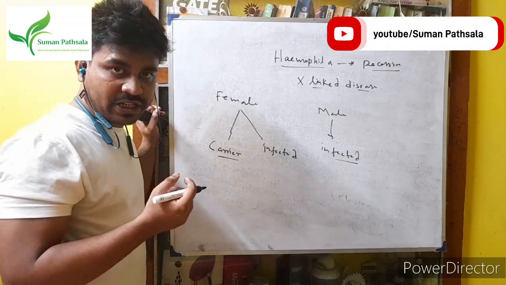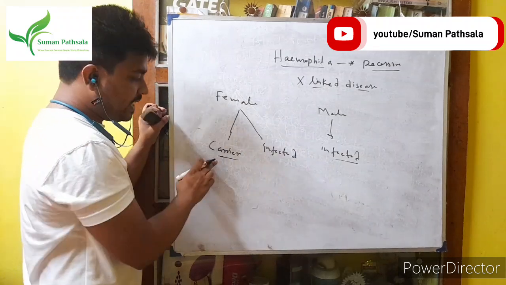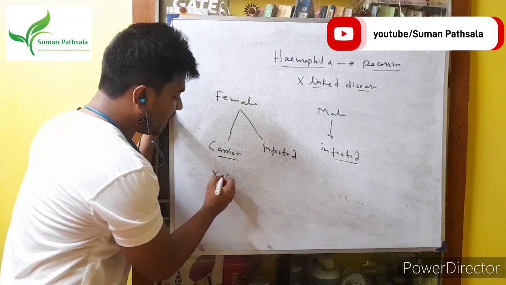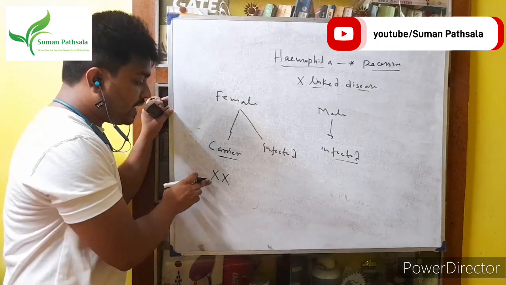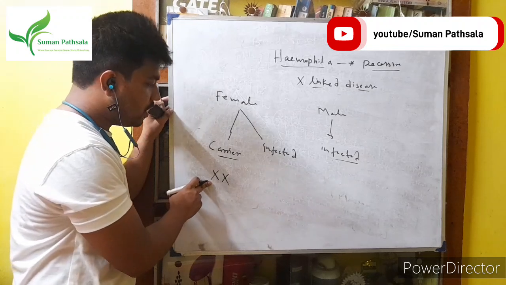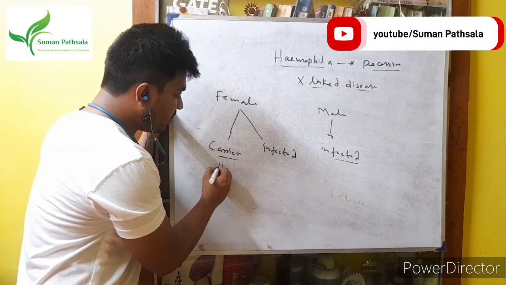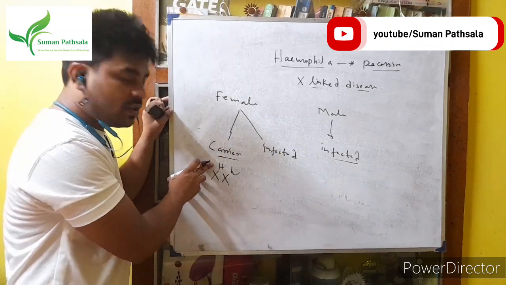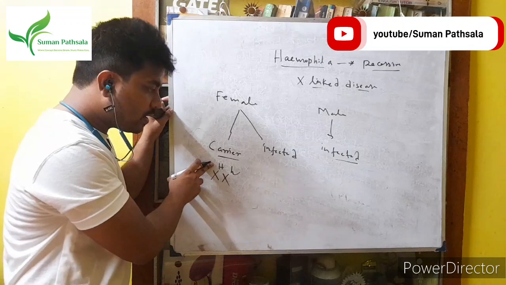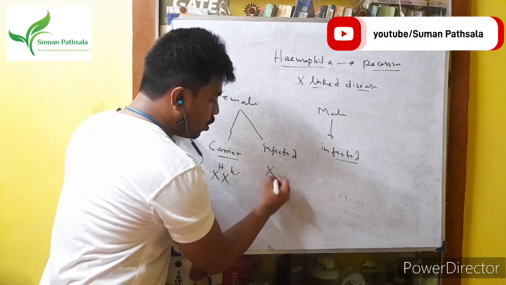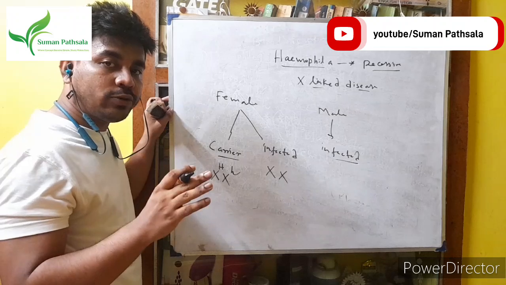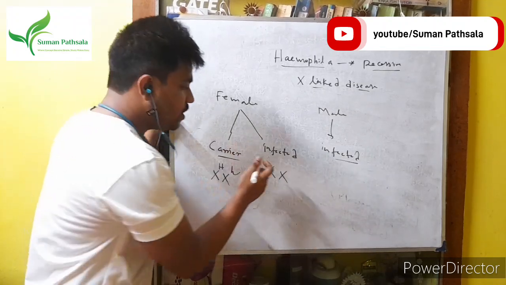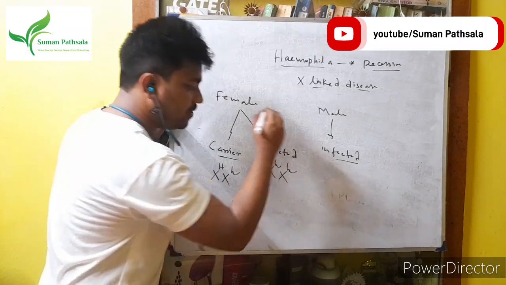Now we have to understand how we symbolize haemophilia patients. If the female is a carrier, we know we write a female as XX, right? If she carries the haemophilia gene, one chromosome is affected, so I write small h, and one chromosome is normal, so I write capital H. Clear? And if the female is infected, both chromosomes carry the haemophilia gene, so I write small h, small h.